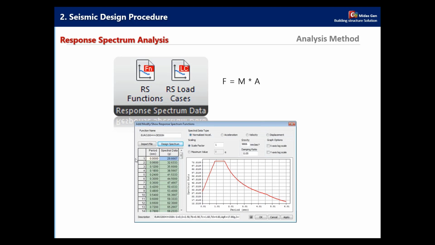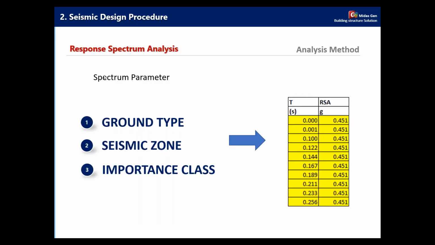We are going to use also this spectrum data in our example. The other spectrum parameters we have to check are the ground type, the seismic zone, and then the importance class. I explained this before, so we can skip this one.